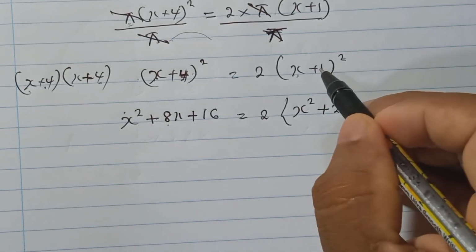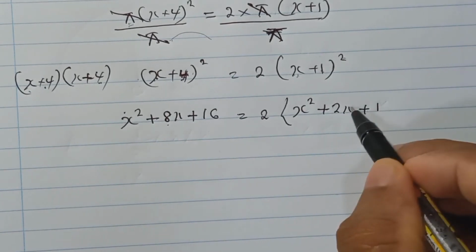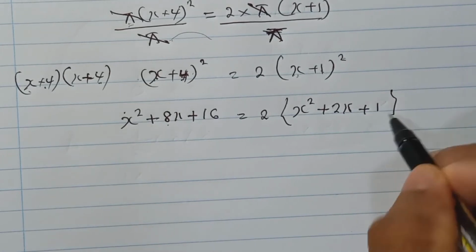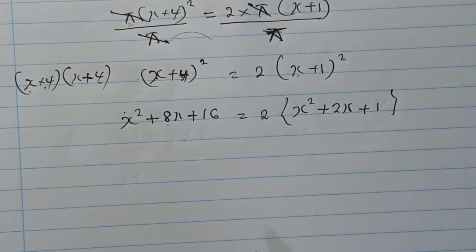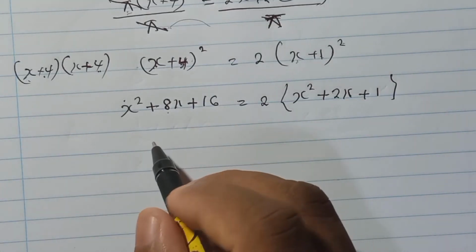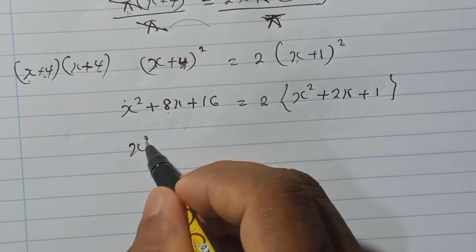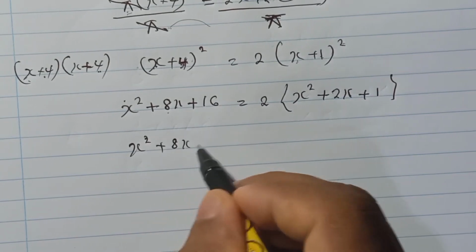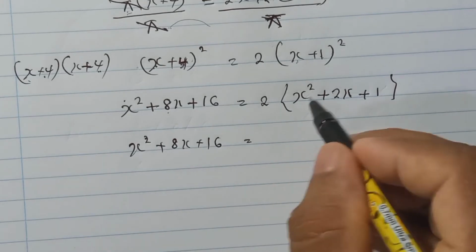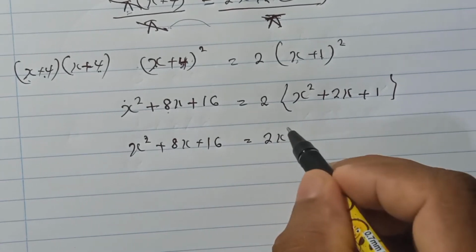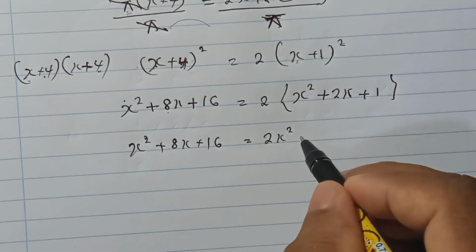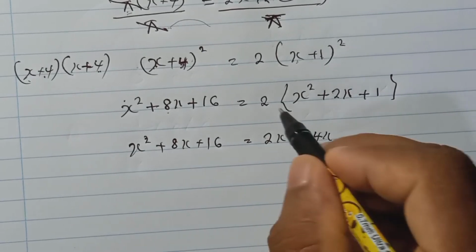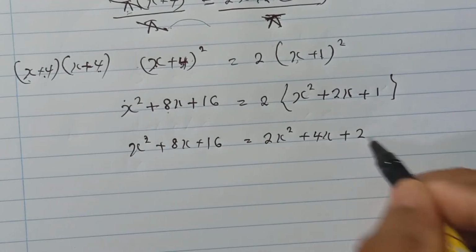Here 2x, and then 1 square means again 1, right? Now by 2 you need to multiply, so I will do that also. X square, here 8x, here 16. 2 into x square, it will be 2x square. 2 into 2x, it will be 4x. 2 into 1, it will be just 2.